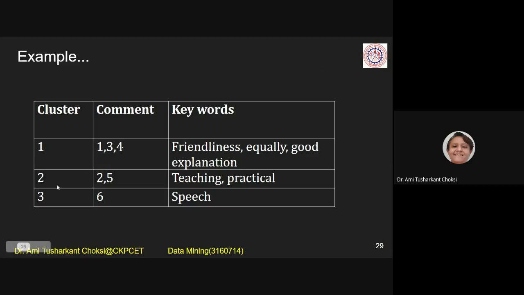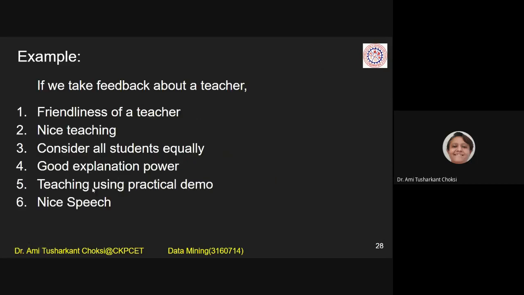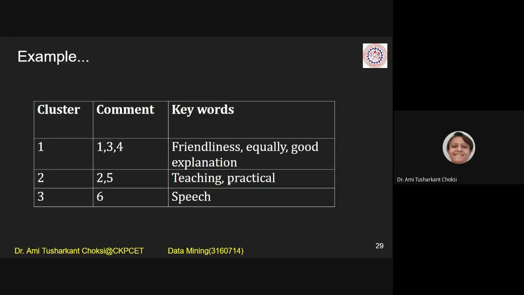For the second cluster, the group of students selects 2 and 5. That means 2 is nice teaching and 5 is teaching using practical demos, right? The third group considers the sixth one, that is the speech. See, students are attracted to a teacher by particular things.